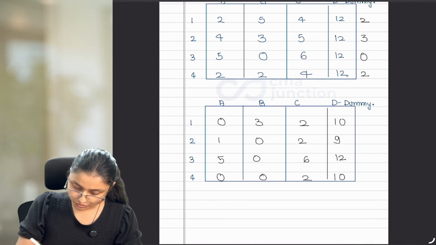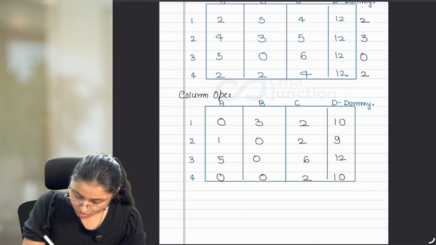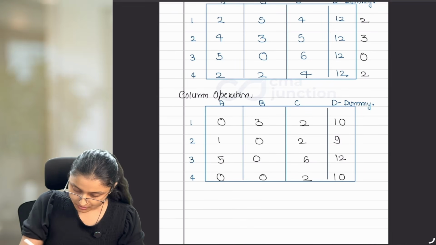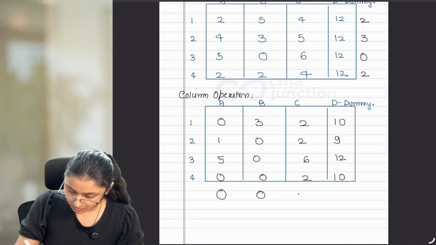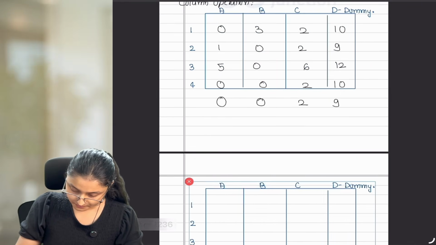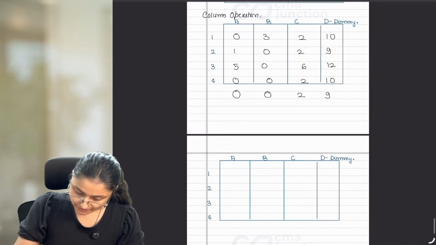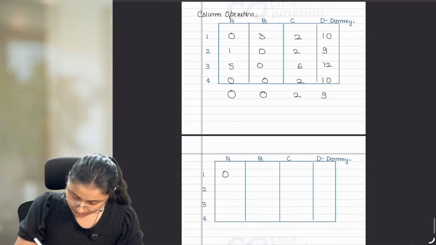After this, we have to do column operation. Find out the lowest value from each column. Here we have 0, 0, 2 and 9. Now after this, reduce the values. So 0, 1, 5, 0.